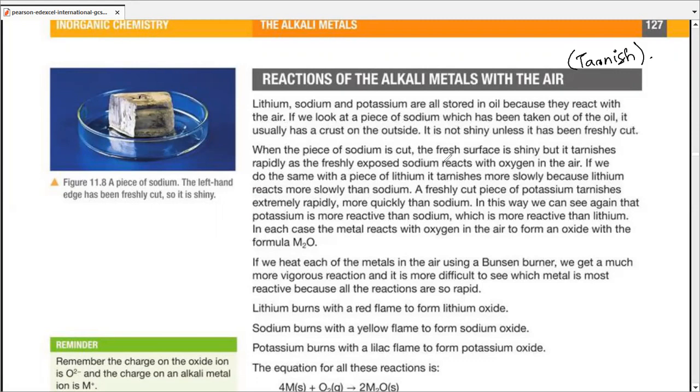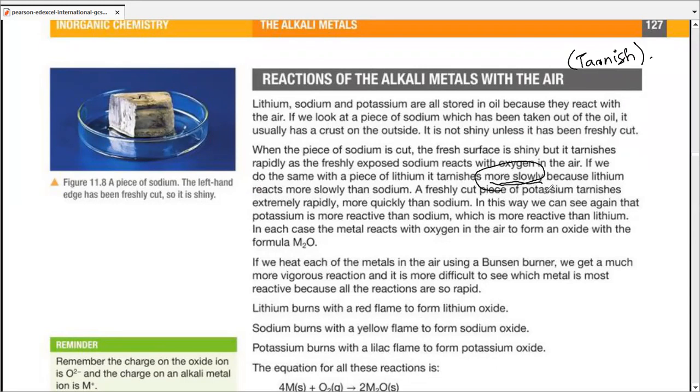When a piece of sodium is cut, the fresh surface is shiny, but it tarnishes rapidly, which means freshly exposed sodium reacts with oxygen in the air. The same thing happens to lithium, but it tarnishes slowly. Here comes the effect of the reactivity difference.